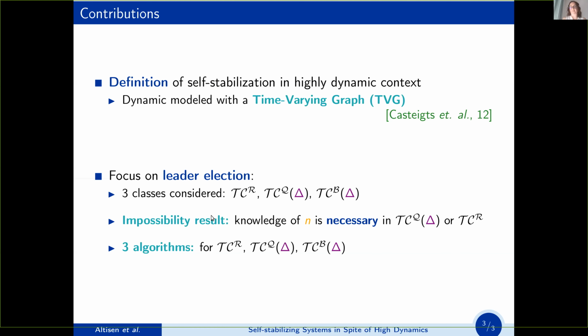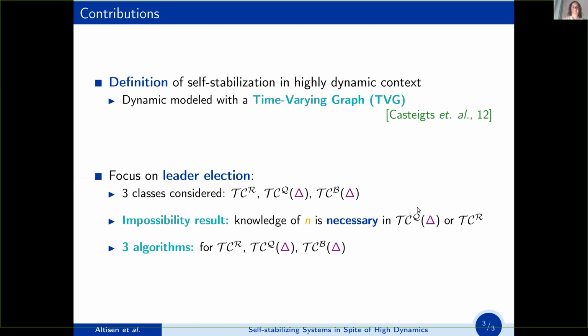And with these three TVG classes, we have both negative and positive results. Negative, because we showed it is necessary to know the exact value of n, the number of processes, in two of those three classes in order to solve the leader election problem.